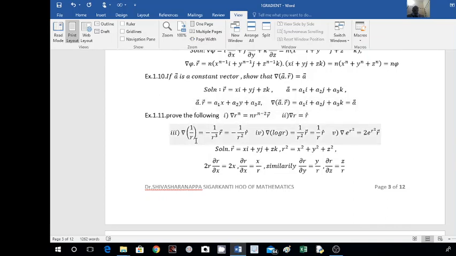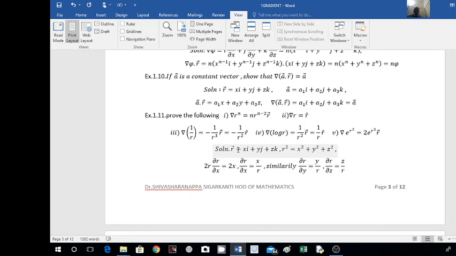Third one, del of 1 by r equal to minus 1 by r cube into vector r, or this is equal to minus 1 by r square into unit vector r. Fourth one is del of log r equal to 1 by r square into vector r, or this is equal to 1 by r into unit vector r. Fifth one is del of e power of r square equal to 2 into e power of r square into vector r. To prove this, now here we have r equal to xi plus yj plus zk, right?